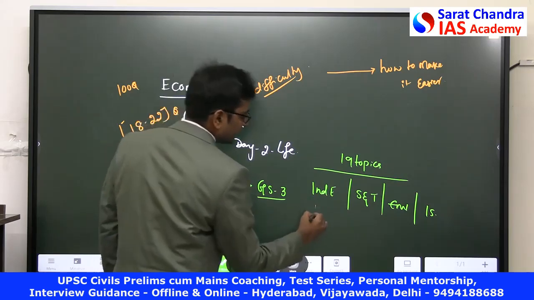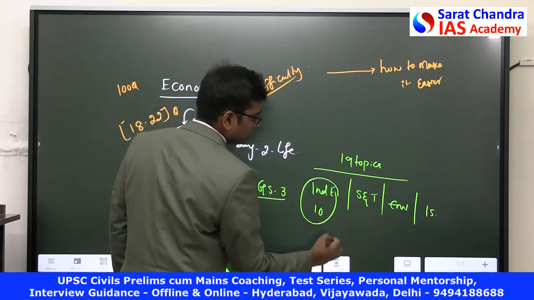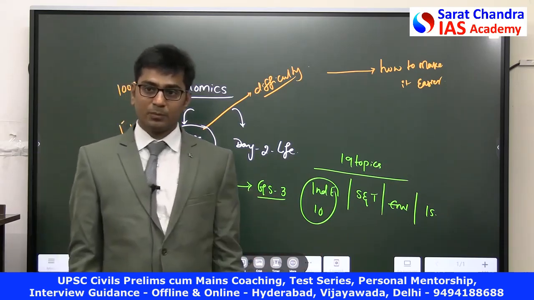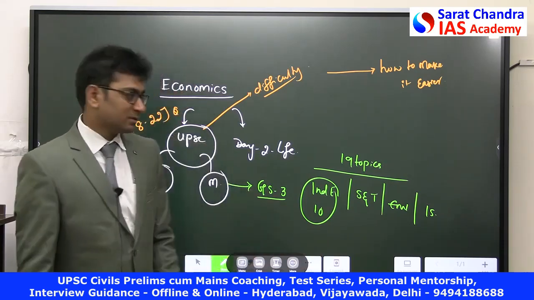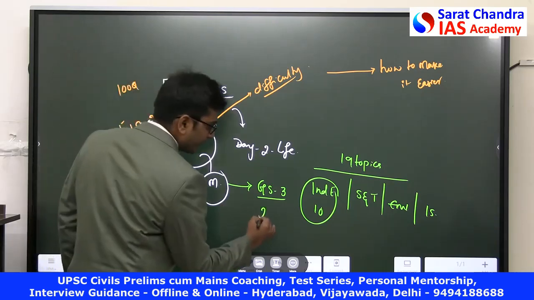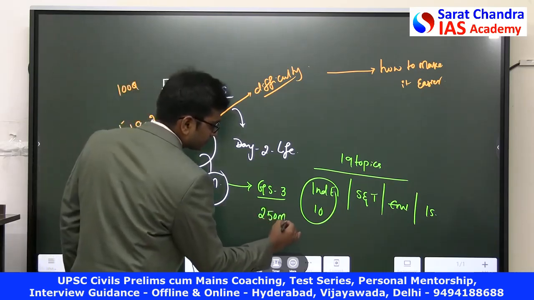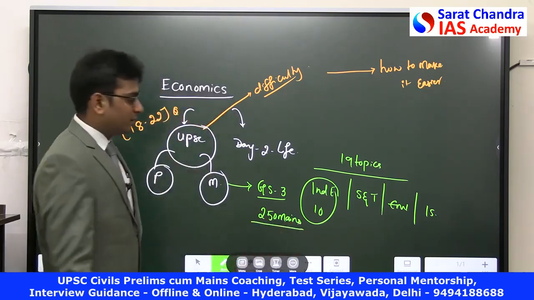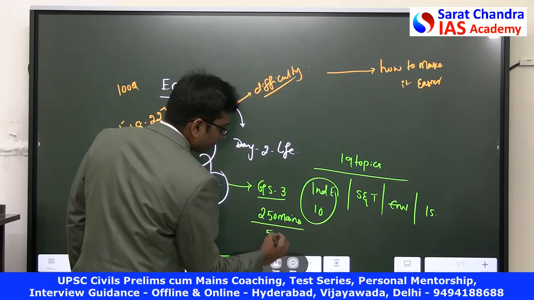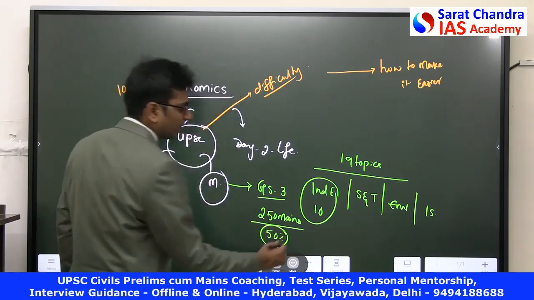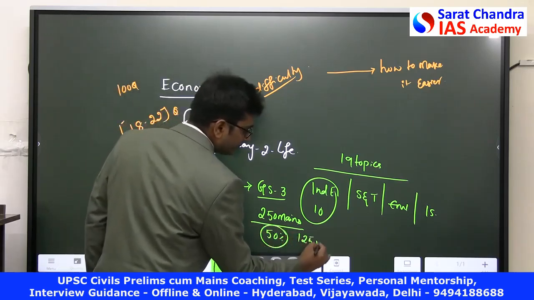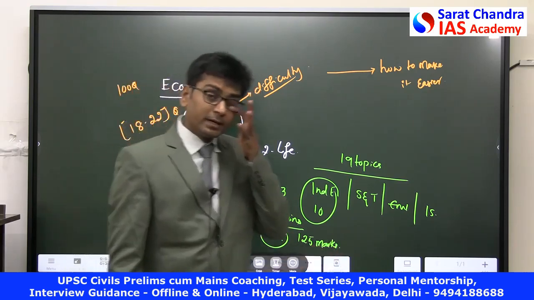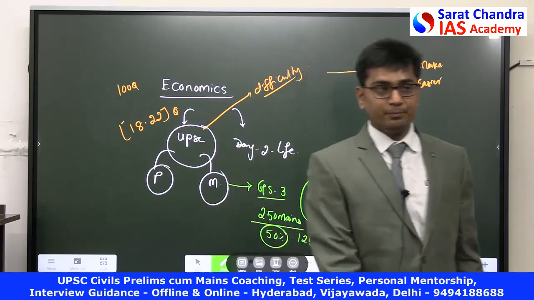The first 10 topics are under Indian economy, which means 50% of the syllabus in GS paper 3 is economy. Now what UPSC will ask is, this paper has 250 marks in mains and 50% of the paper will be economics questions, which means 125 marks directly from here. 125 marks are directly asked from this section.